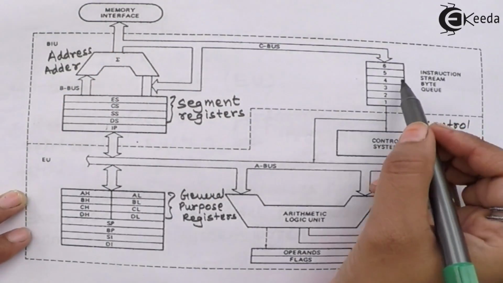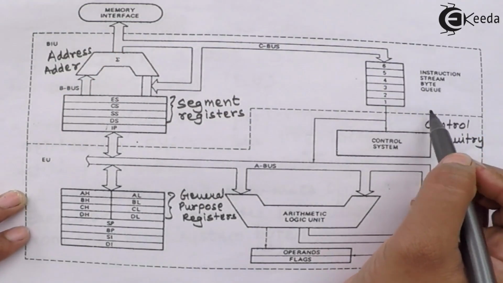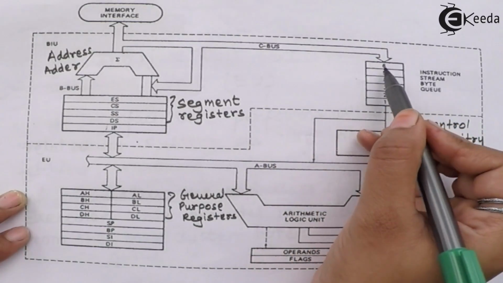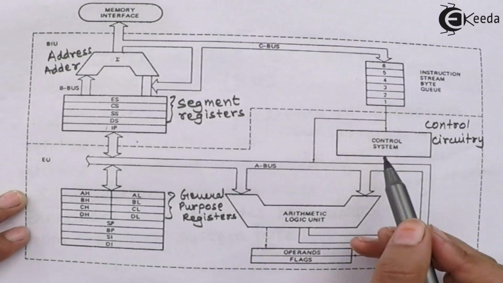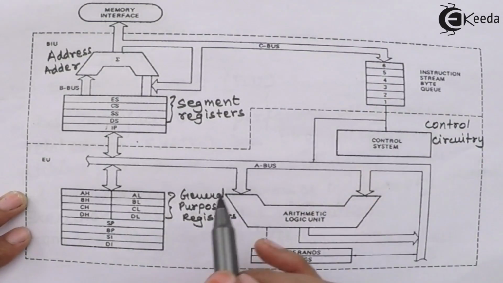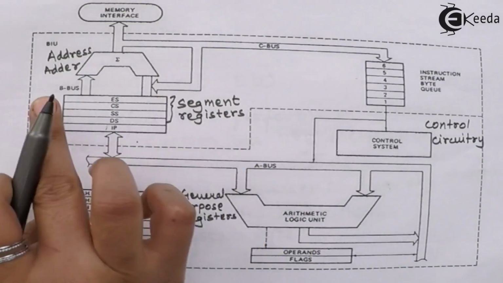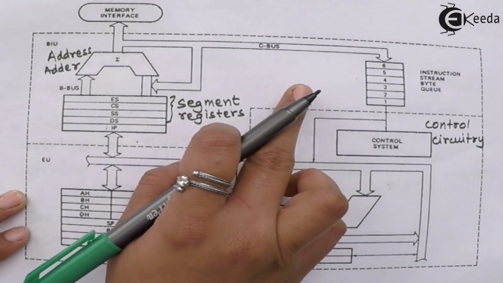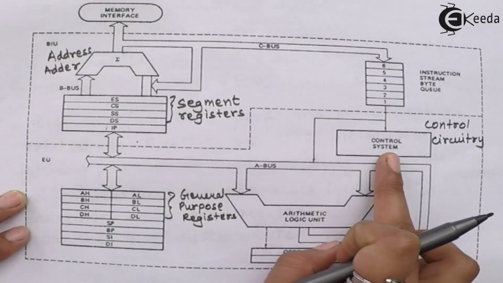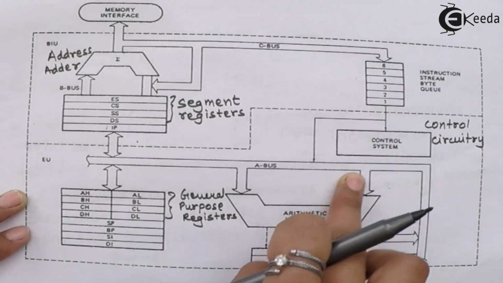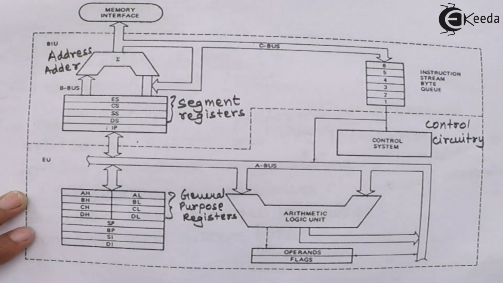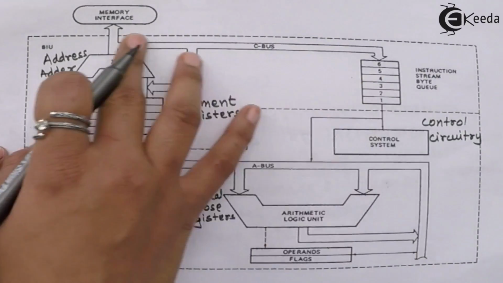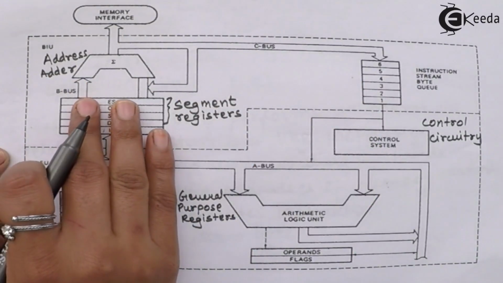Also, it has this instruction stream byte queue where the instruction codes for 6 instructions are stored, and these instructions will then be executed by the execution unit. Also, this bus interface unit provides the control signals. Those control signals will be given to the control circuitry so that memory read or memory write and input output read and write operations can be performed. So those are the functions performed by the bus interface unit.